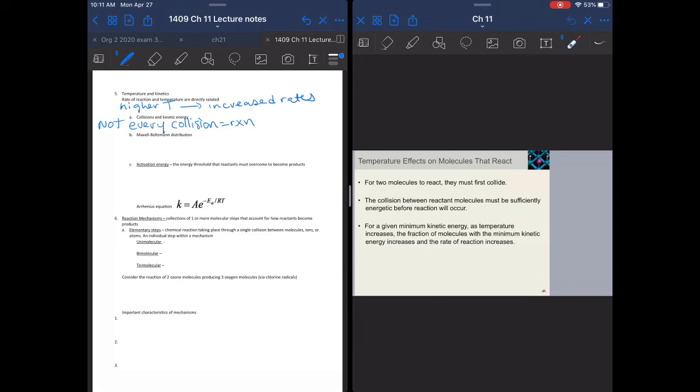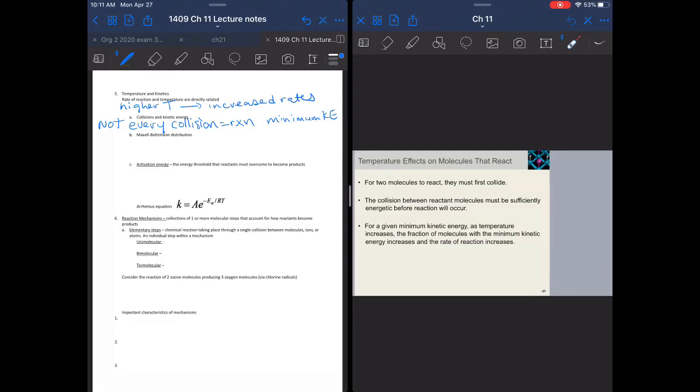What is important to recognize is that there is a minimum kinetic energy that is required for a successful collision, if our bar for success is an actual reaction.